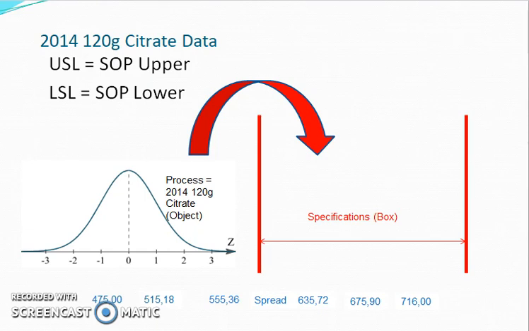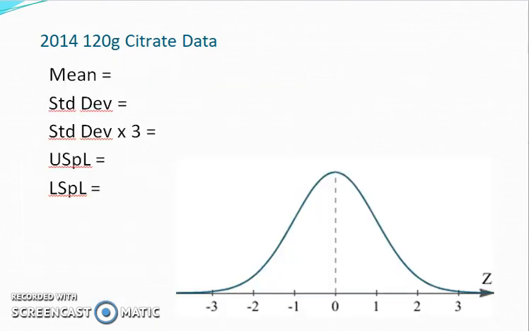Now that we understand a little more about specifications, let's focus again on the process and calculate its characteristics. By the process, I refer to the operation reflected by the 2014 120 gram citrate data.